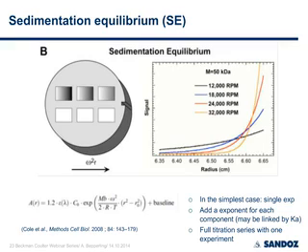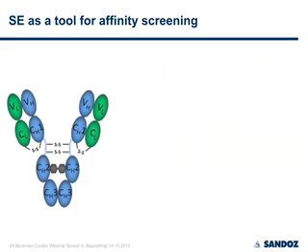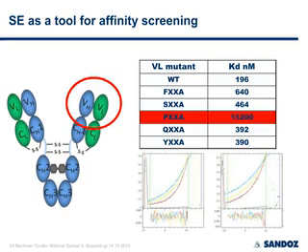I show you here an example. I used this to screen the affinity of an isolated heavy and light chain variable domain of an antibody, where we mutated different sites at the binding interface. And what you see here is we mutated the light chain and held the heavy chain constant.